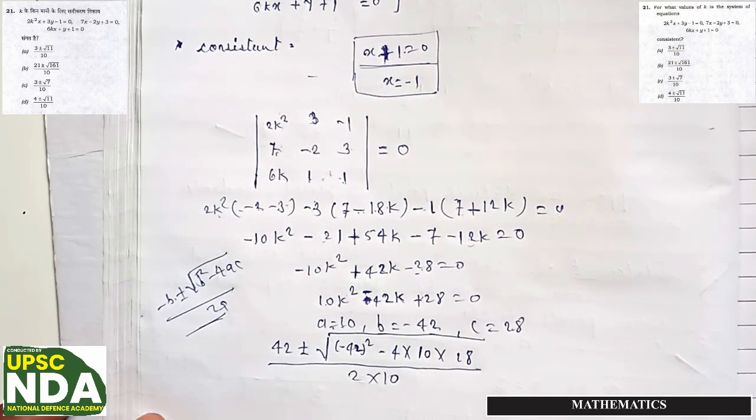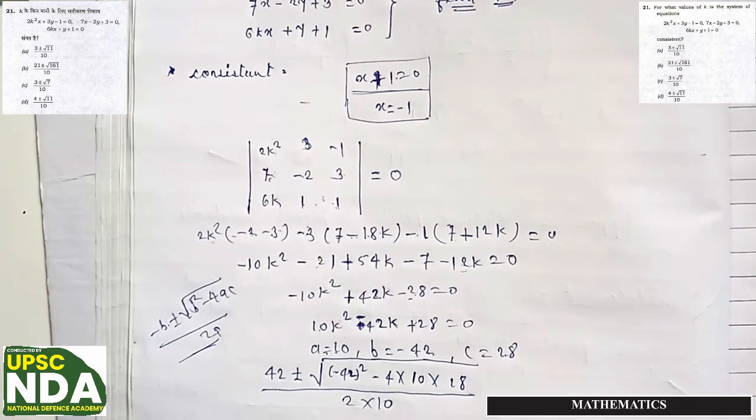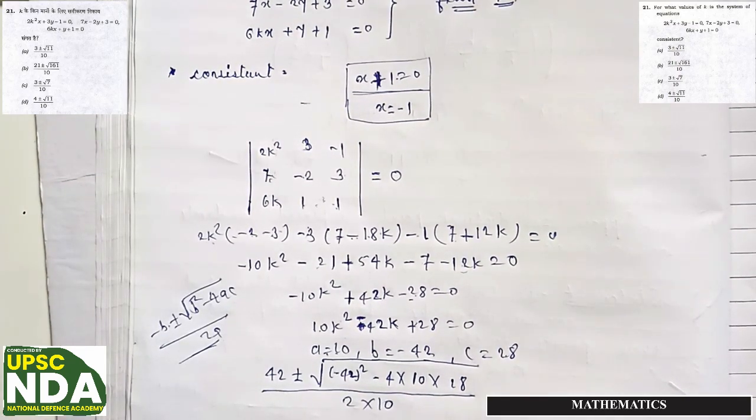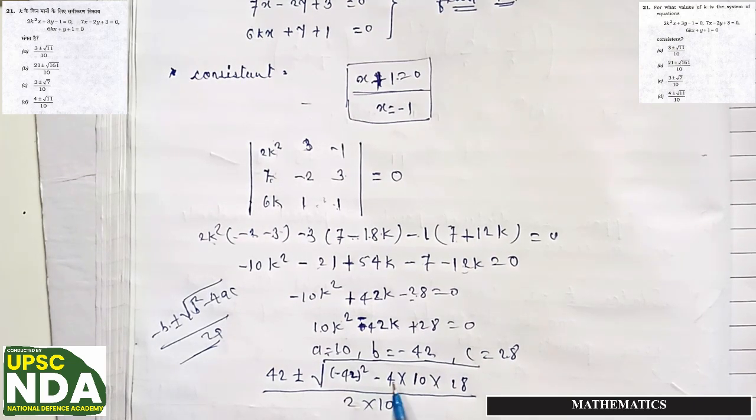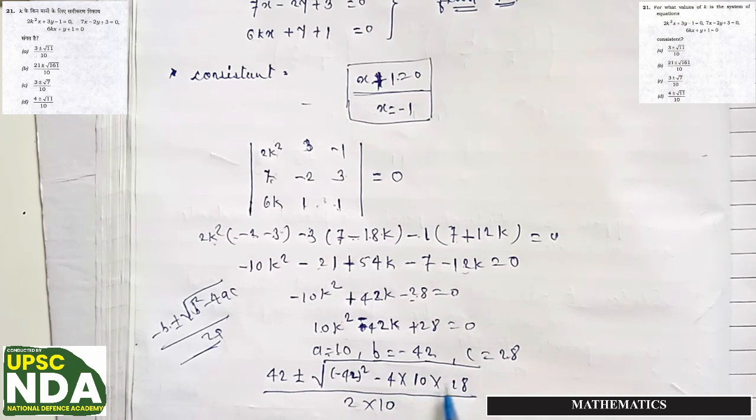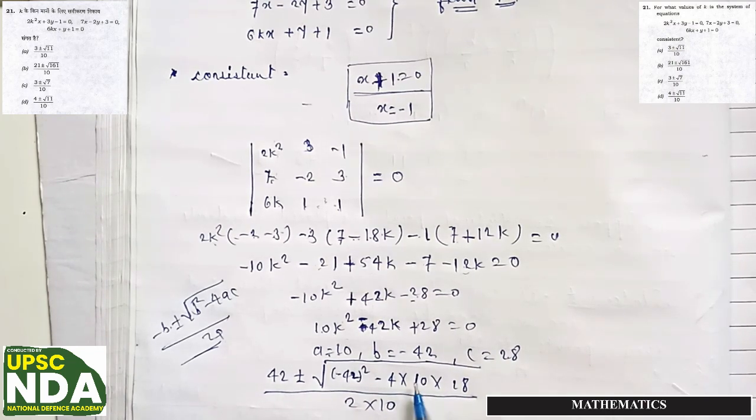These are very easy calculations, I don't feel we have to go through the detailed calculation. Negative 42 square gives 1764. Then 28 times 10 is 280, multiplied by 4 gives 1120.